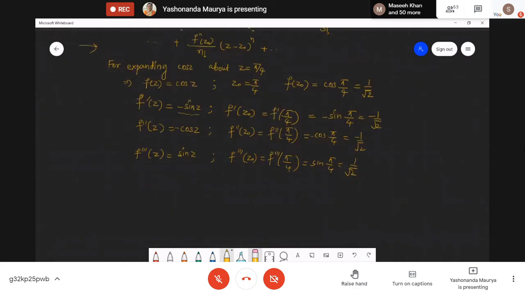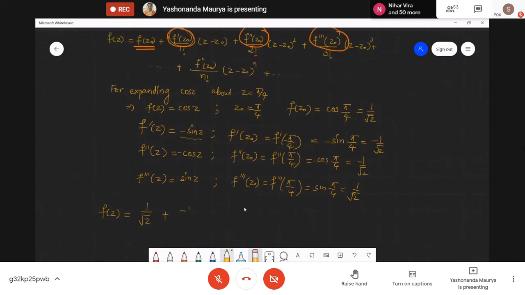So therefore, what do we get here? f of z is equal to, we'll substitute the values. So it will be 1 by square root 2 plus, with f dash, now I'll just scroll this down a little so that the formula is visible.